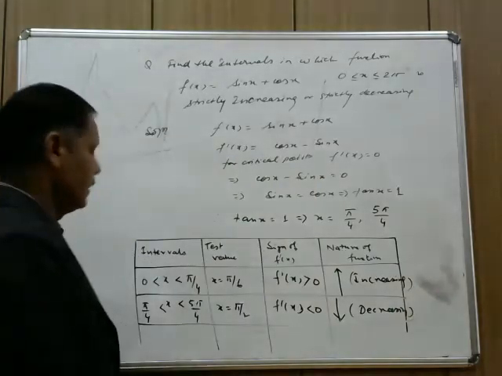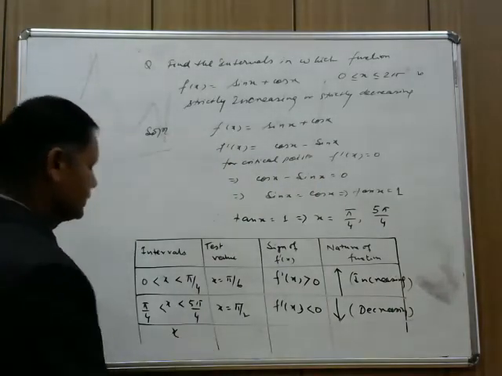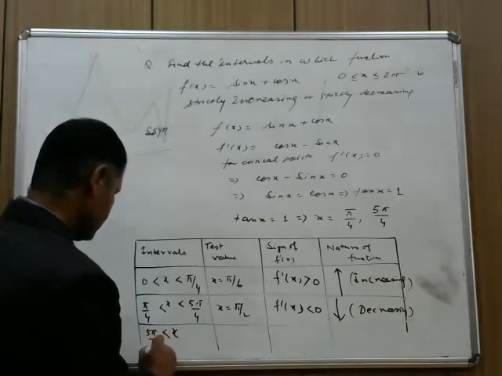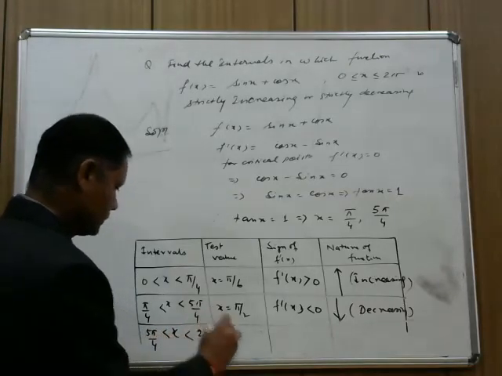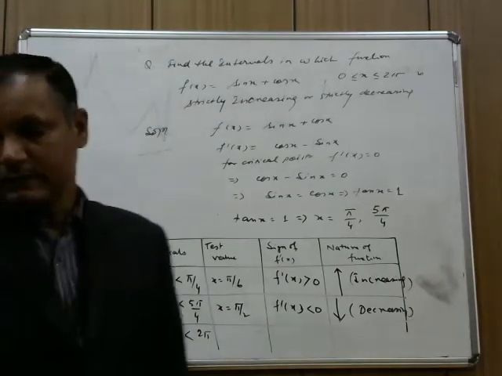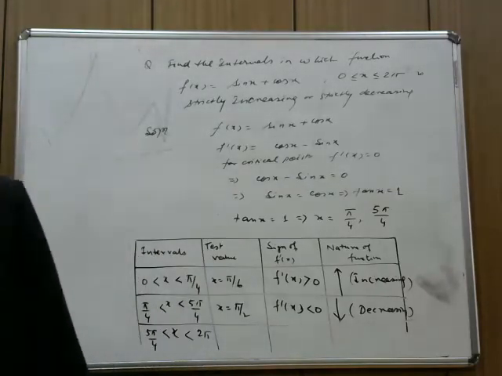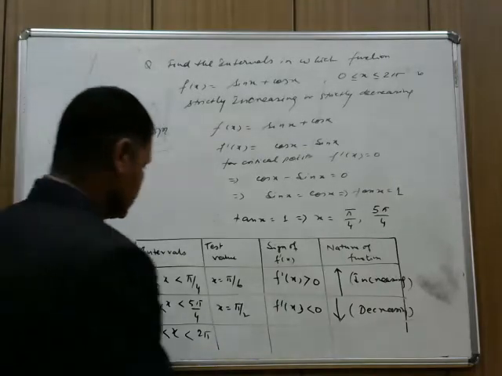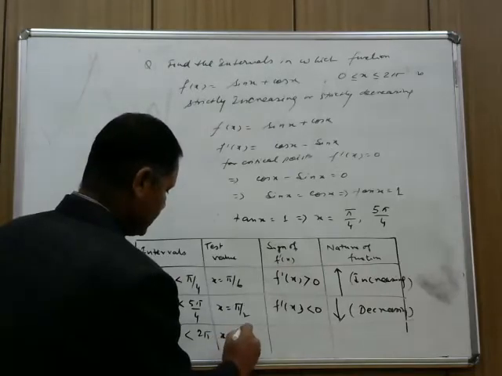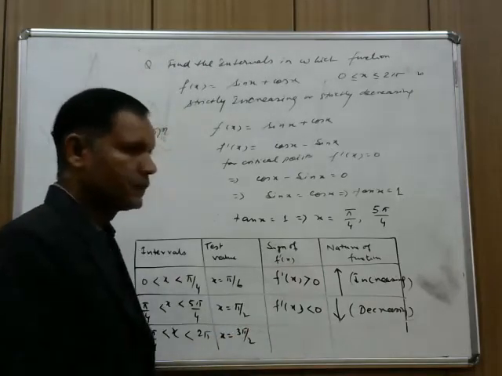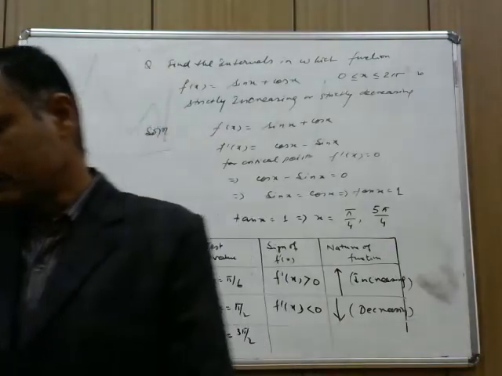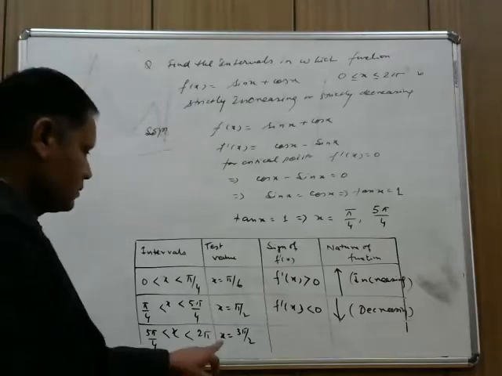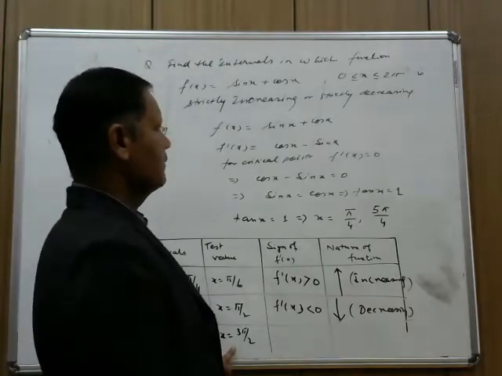Okay. Now, when x is greater than 5 pi by 4 and less than 2 pi. Right. That means I can take x is equal to, and you can test it at x equal to 3 pi by 2. So now cos 3 pi by 2 minus sin 3 pi by 2 will be how much? Simple.